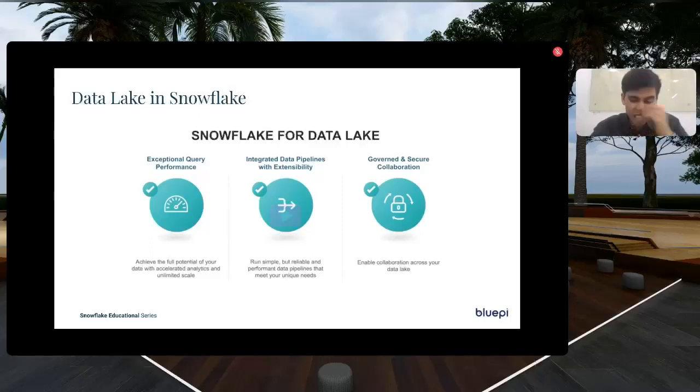So your admin team does not have to go and monitor multiple places. They just need to write proper RBAC policies within Snowflake for your users. They need to create appropriate roles for them, and they should be able to achieve appropriately governed and secured collaboration over the data. And Snowflake provides encryption of data at storage and at its retrieval as well.